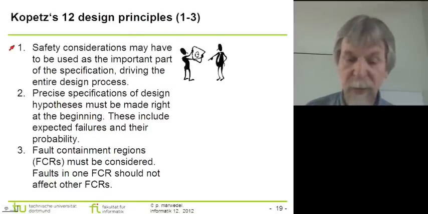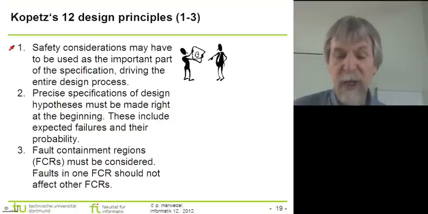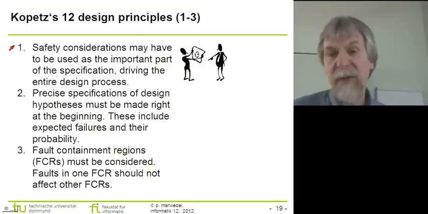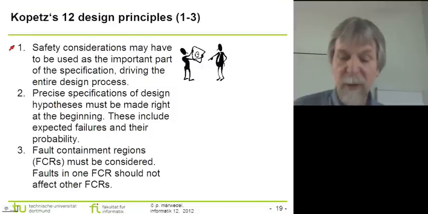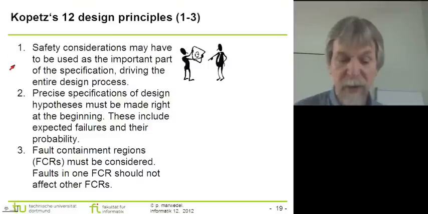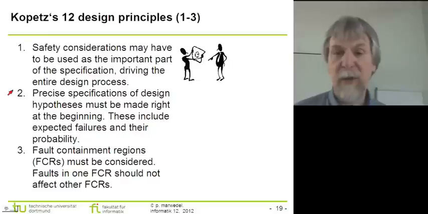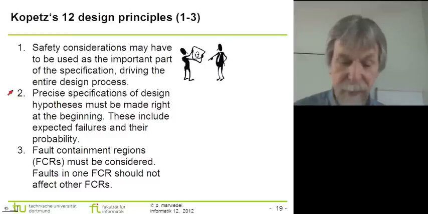According to the first principle, safety considerations have to be used as a part of the specification right from the beginning, driving the entire design process. It's not feasible to consider safety issues after we have generated a first design. The whole physical partitioning, etc., is affected by the need for going for a safety critical system.